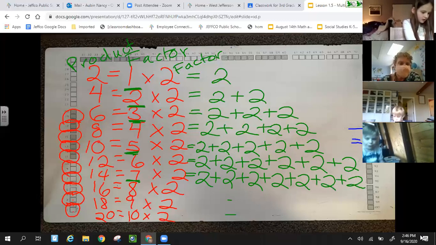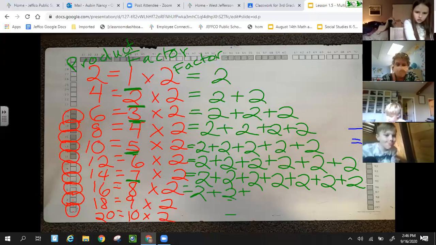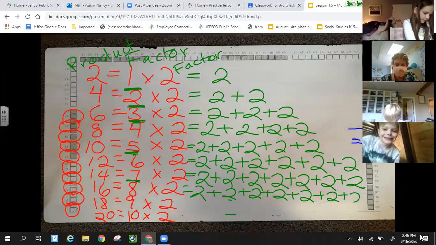Now I know 16 equals 8 times 2. Go ahead, Ellie. 1, 2, 3, 4, 5, 6, 7, 8. Oh my goodness, I'm gonna run out of room.